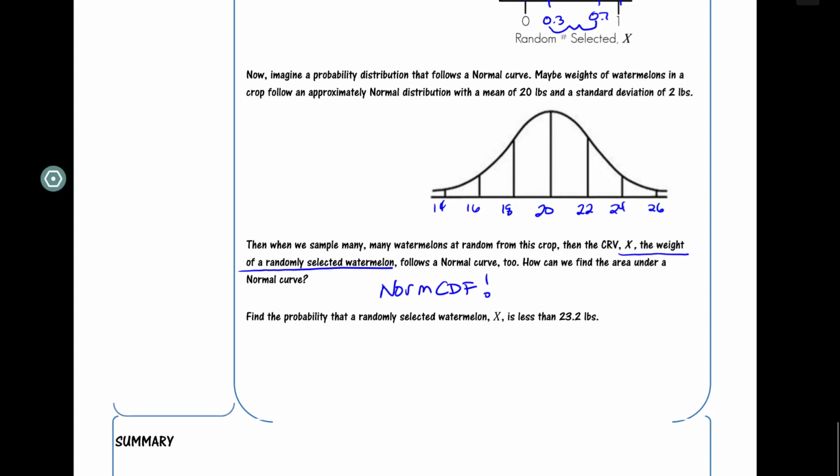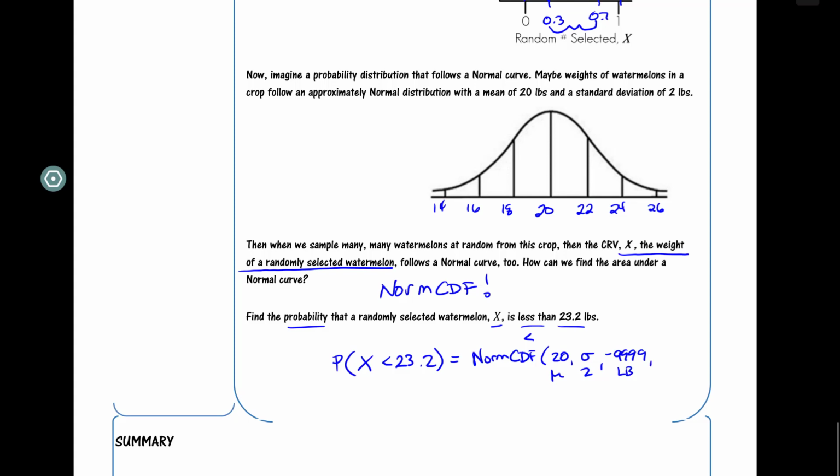And we can calculate the NormCDF of something like this. If we want to know the probability that a randomly selected watermelon X is less than 23.2 pounds, less than is going to use that symbol. The probability that a randomly selected watermelon is less than 23.2 can be found using a NormCDF calculation, where we have a mean of 20, a standard deviation of 2, a lower bound going all the way to negative infinity because I'm looking at the left-hand side here.